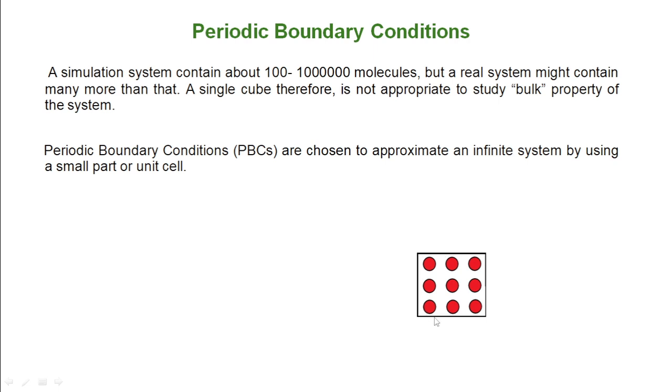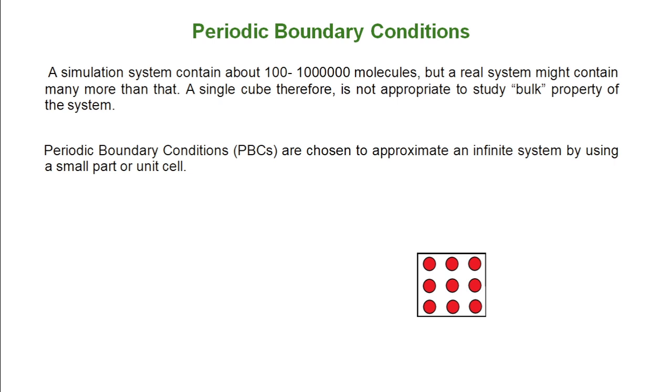Suppose this is a simulation box. It's like a square, but in three dimensions it will look like a cube, containing these molecules. Okay, and this single cube is therefore not appropriate to study the bulk property of the system.